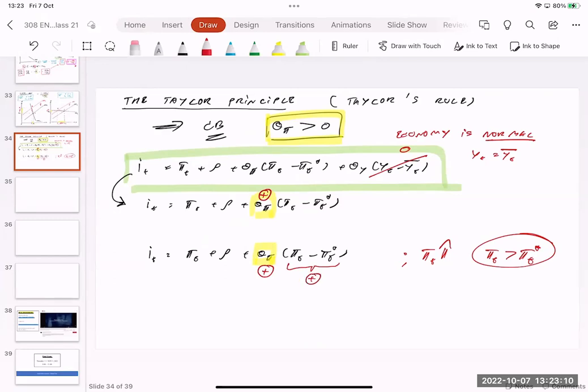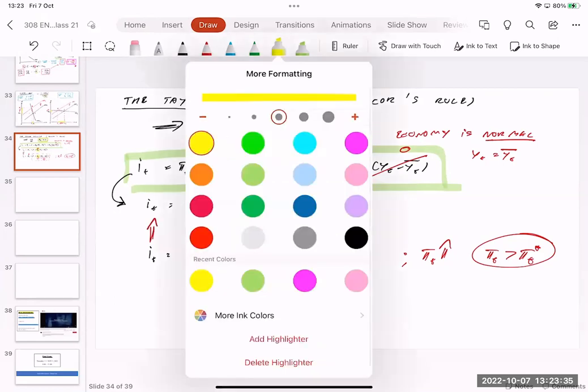So when inflation goes up, all of these terms are positive. The right side of the equation is all positive: inflation going up plus the positive terms. So on the left side, the nominal interest rate needs to increase even more than the inflation.